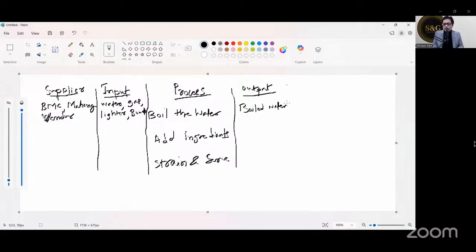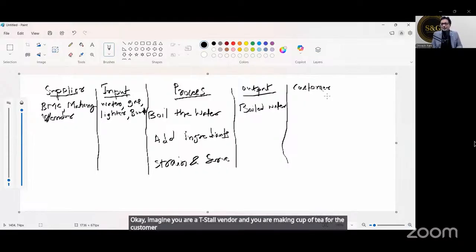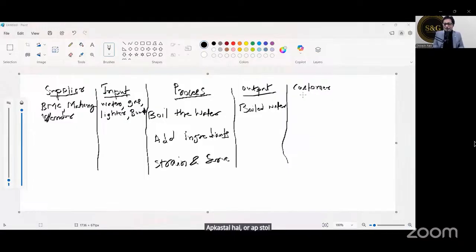Imagine you are a tea stall vendor and you are making a cup of tea for the customer. It is your stall, and you are making this at the stall. Right now, boiled water you will not serve, right?